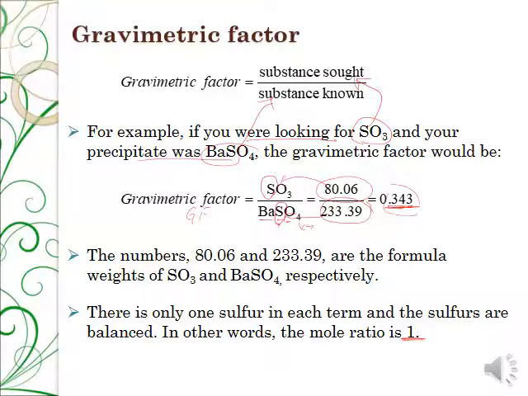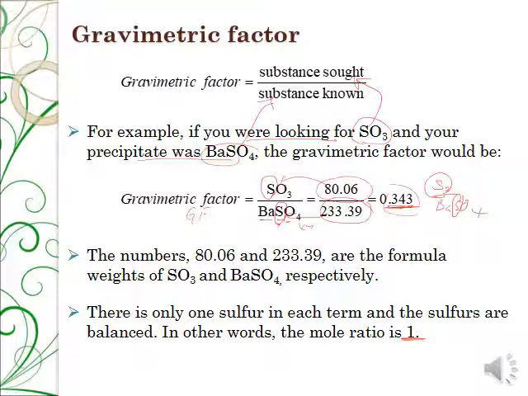Okay, for example, let's say this is not SO3 but S2, and the substance weighed is barium sulfate. Now the stoichiometric value is not balanced because we have 2 sulfur here and 1 sulfur here.